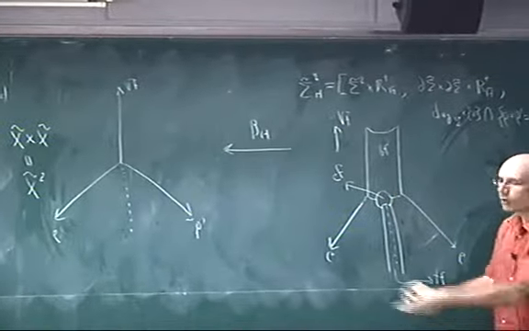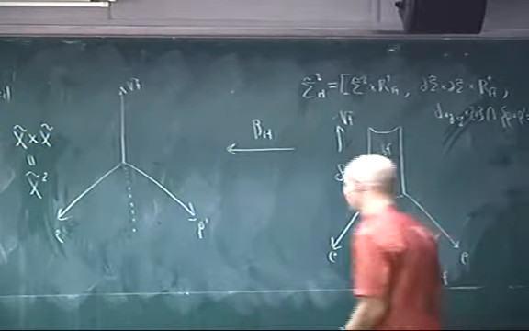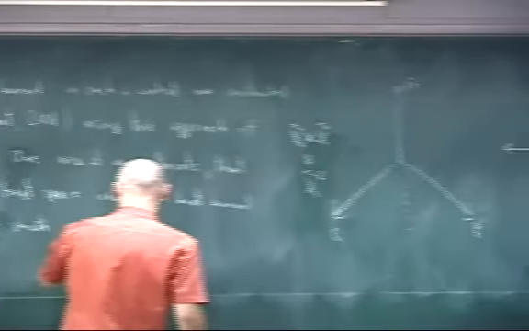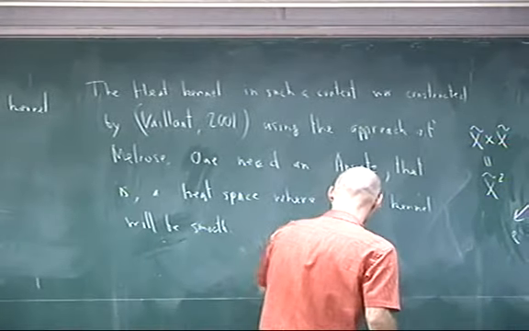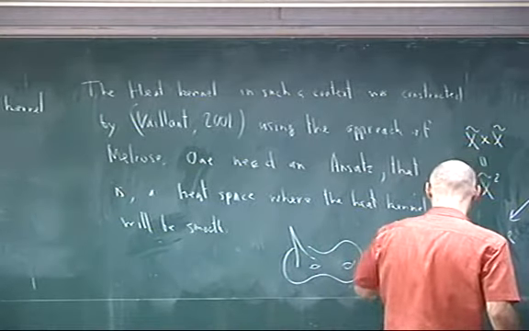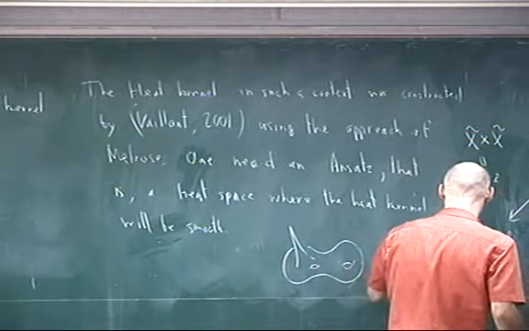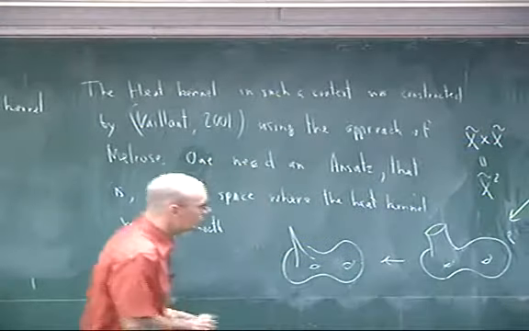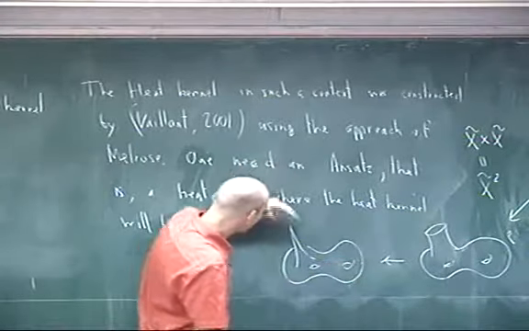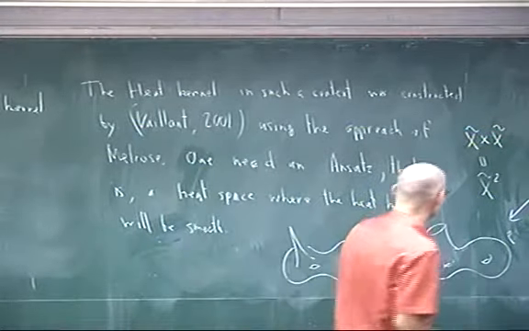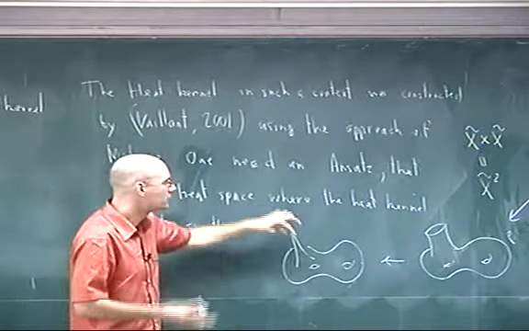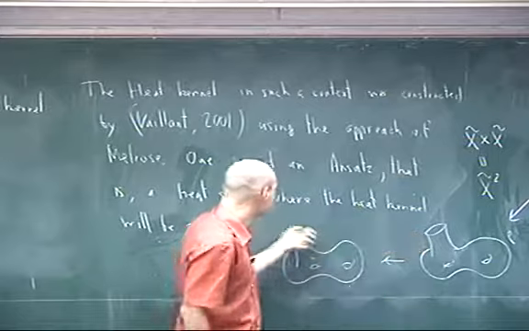Intuitively, this blow-up that I did, maybe I should just redraw the picture. The blow-up that I did of introducing a circle at infinity is, from a geometric point of view, or from the point of view of the heat equation, not so natural because it's really collapsed at infinity. When you have heat in the cusp, you don't expect the heat to see a circle there because it's really just a point.